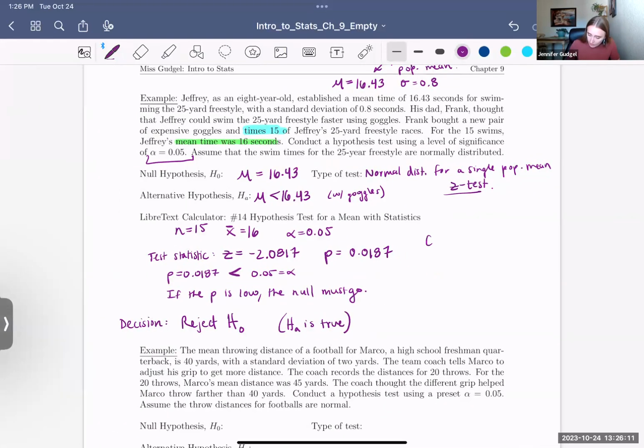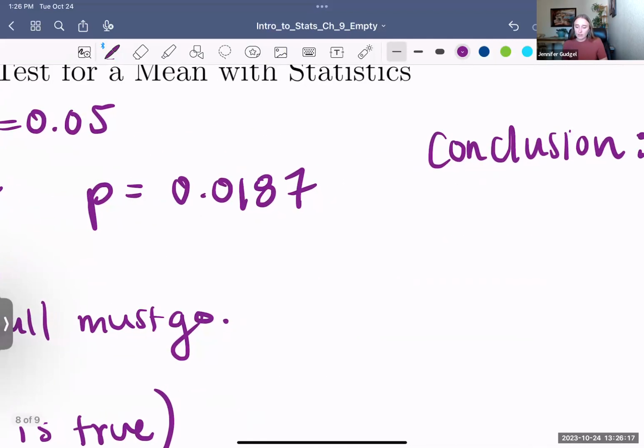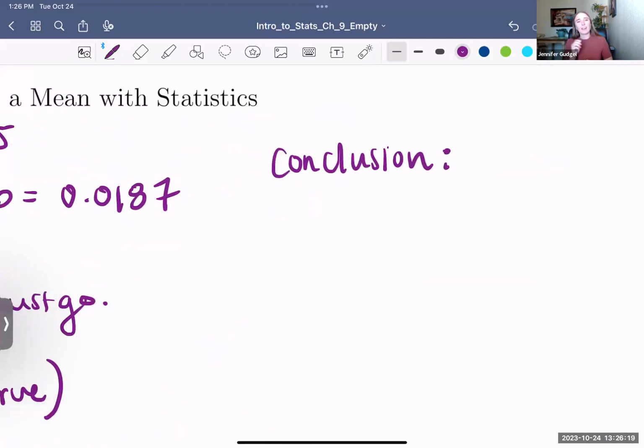All right, so for a conclusion, I'm actually going to add in a little more. Before I gave you a general template where we could underline and fill in, but there's one more piece I want you to add to the beginning, and that's what level of significance you ran the test at.